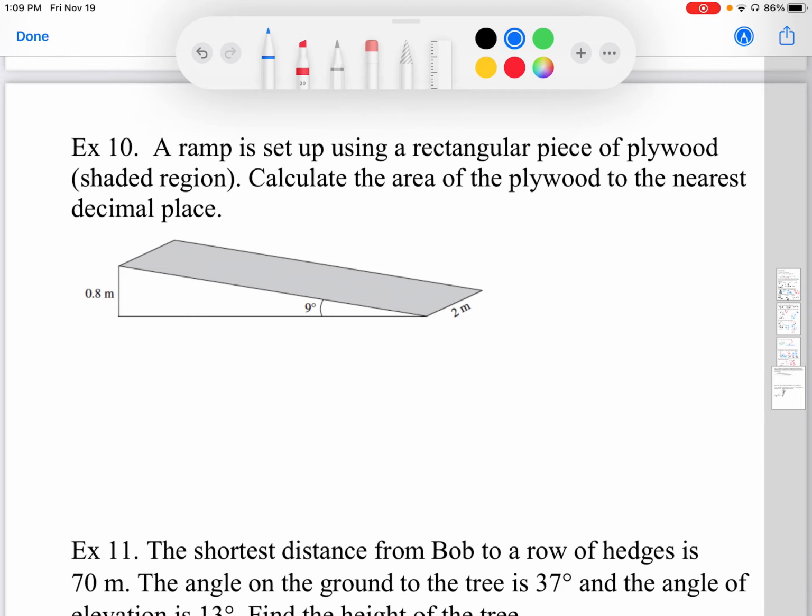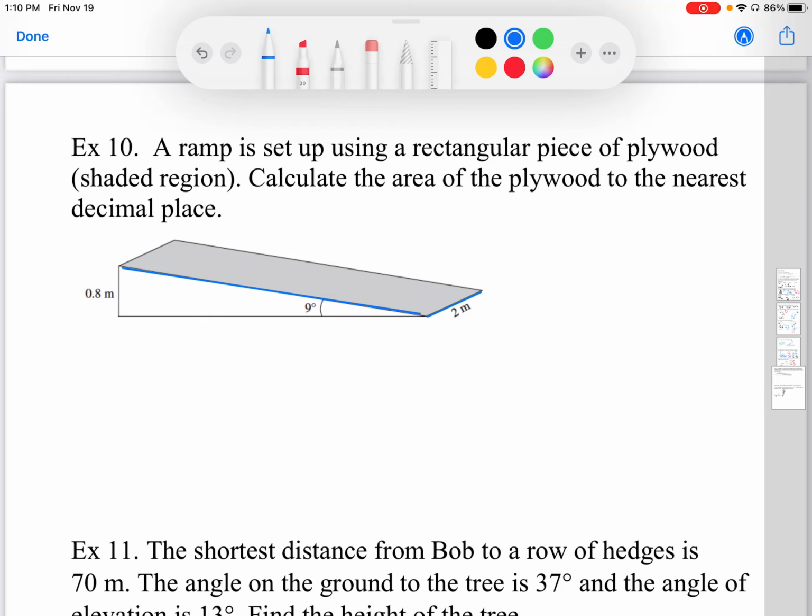So we need to figure out the length of this line here, or the hypotenuse, and we're given the width of that piece of plywood that makes up the ramp. So this length here in blue, and so we just need to find that diagonal length.